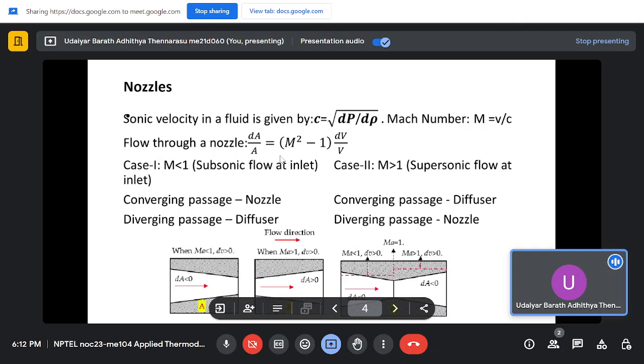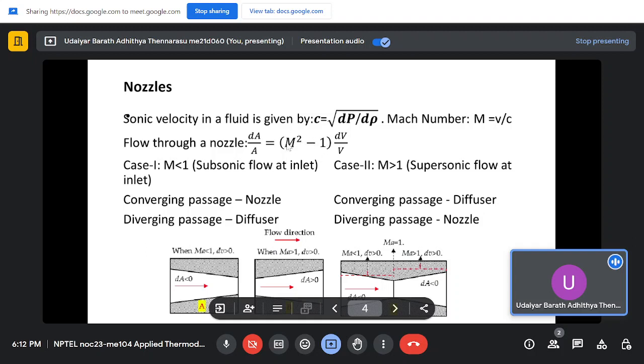So case 1 is when the Mach number is less than 1. Consider that the Mach number is less than 1. In that case your M square value will be lower than 1, because Mach number is V by C, so this will be less than 1.